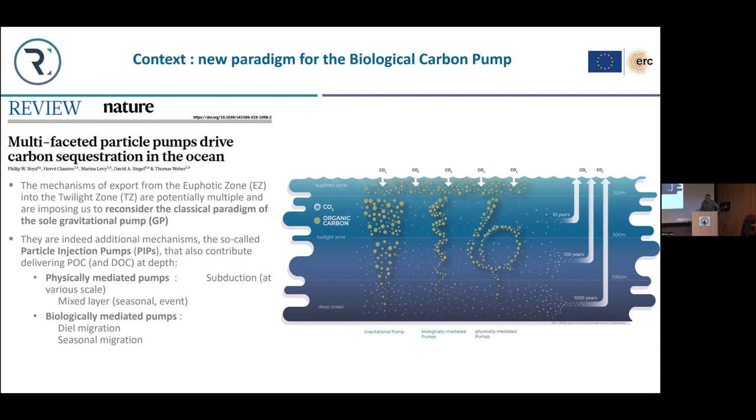One is physically mediated: the subduction pump at various scales, large-scale and eddy subduction, and the mixed layer pump at seasonal or event scale. We also have a biologically mediated pump, either with diel migration or seasonal migration.